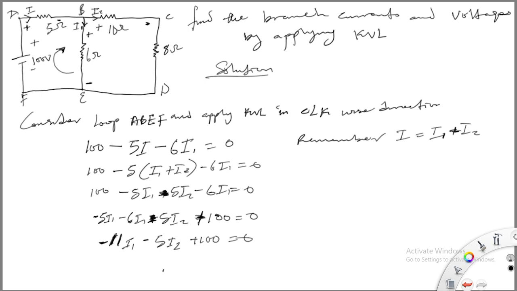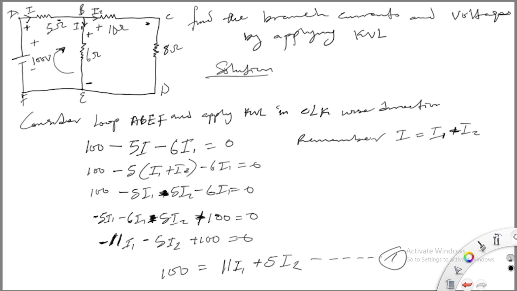So here we would have 100 is equal to 11 I1 plus 5 I2. Equation 1. Let's call this our equation 1 now, as you can see. We do not have much space here. We have finished the first loop. This is for the first loop.